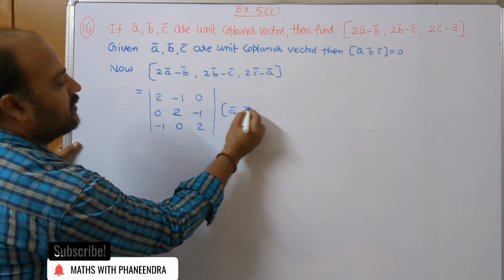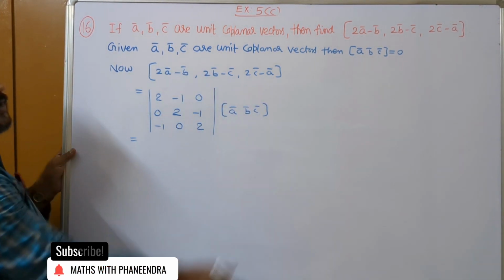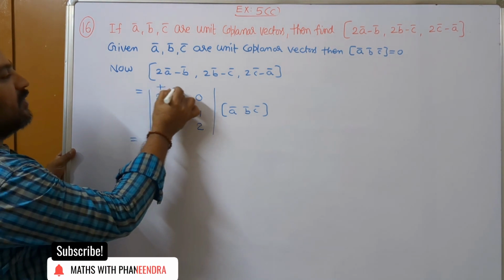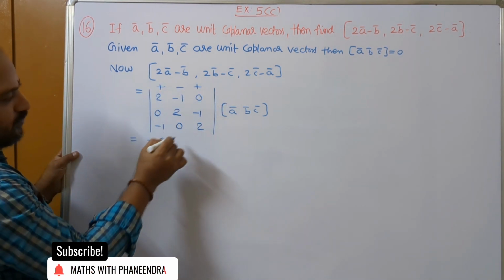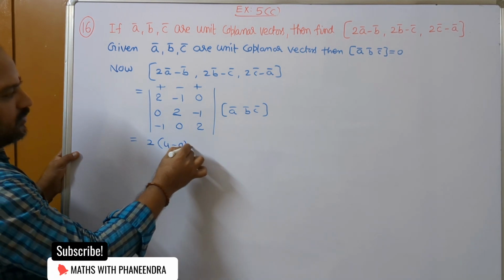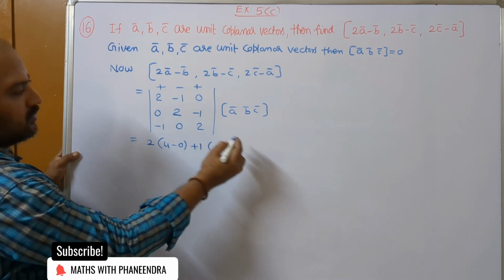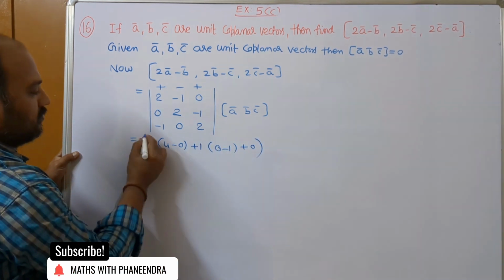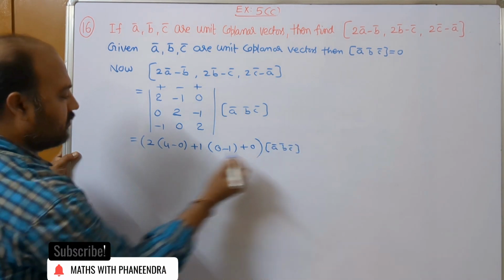Box of A, B, C. So this value is 0, meaning total value 0. But we need to simplify the determinant. So 2 into 4 minus 0, plus 1 into 0 minus 1, plus 0, into box of A bar, B bar, C bar.